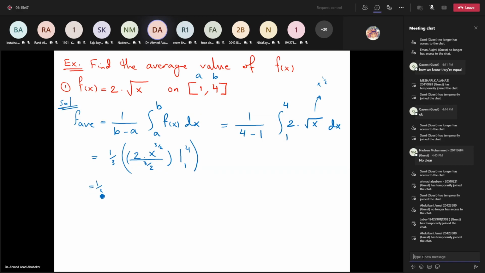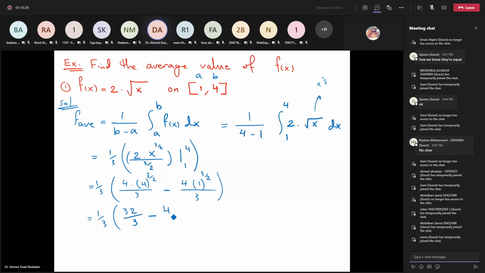1 over 3, substitute 4: 2 multiplied by 4 to the power 3 over 2 over 3, minus substitute 1: 1 to the power 3 over 2 over 3. So this is equal to 1 over 3 times, 4 to the power 3 over 2 is radical 4 cubed, 2 cubed is 8, 8 times 4 gives 32 over 3, minus 4 over 3.